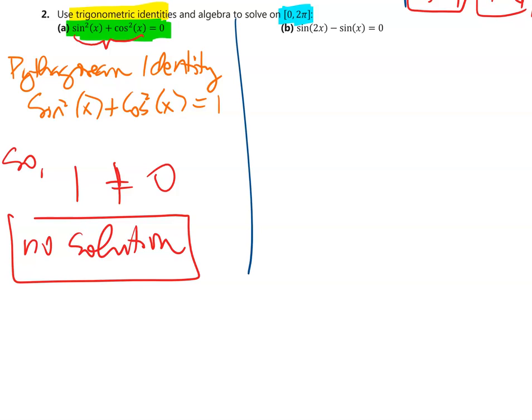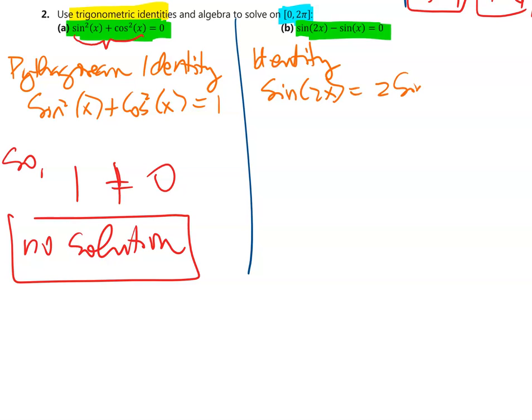B. Sine 2x minus sine x is equal to 0. So using the identity, just to recall, sine 2x is equal to 2 sine x cosine of x. So let's use that.